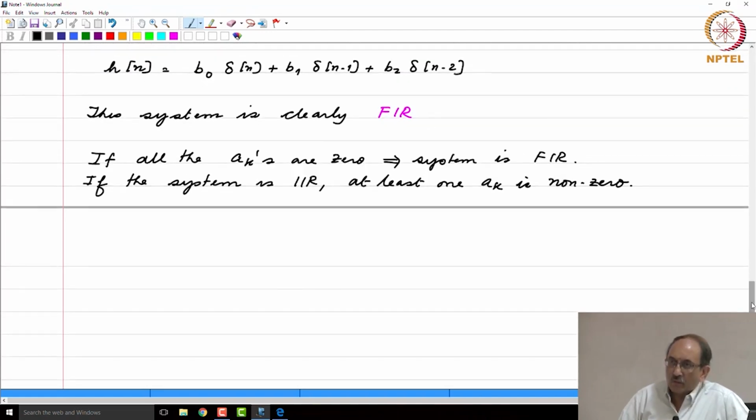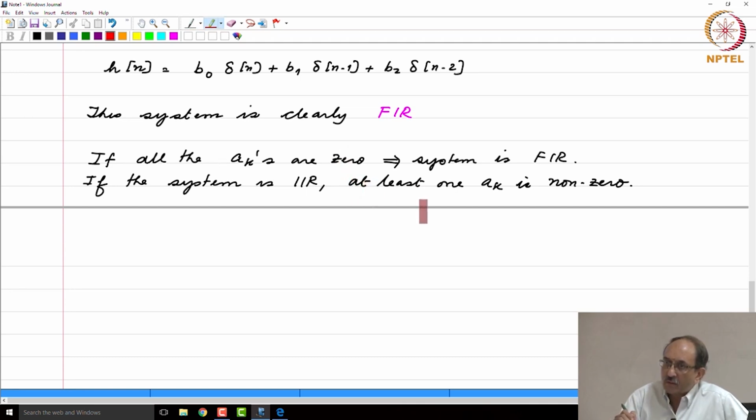So, now the question arises, if one a_k is non-zero, does it mean the system is IIR? Notice carefully what statement we are making here. If the system is IIR, at least one a_k is non-zero, and the previous statement is just the contrapositive of the bottom statement.